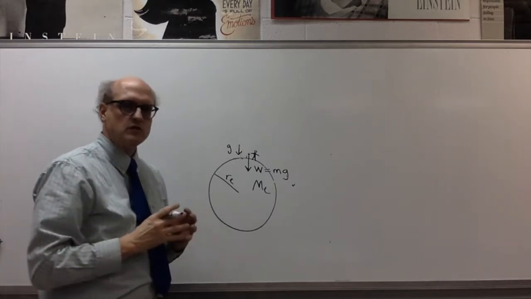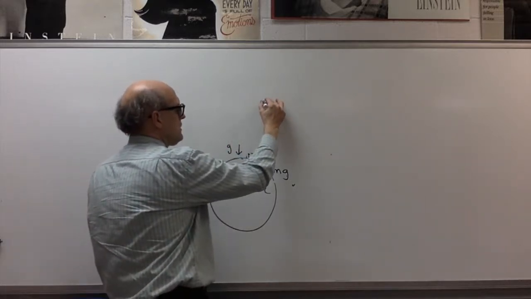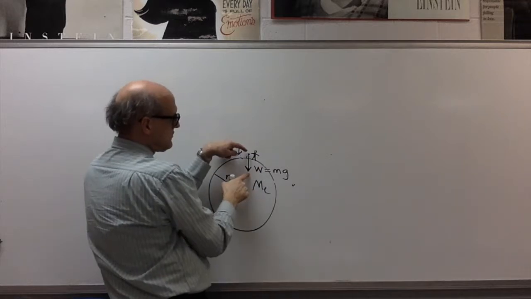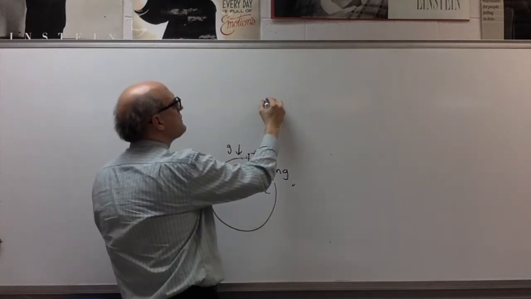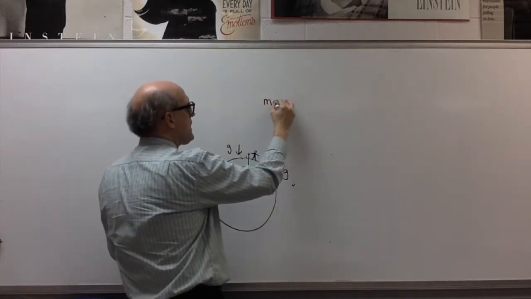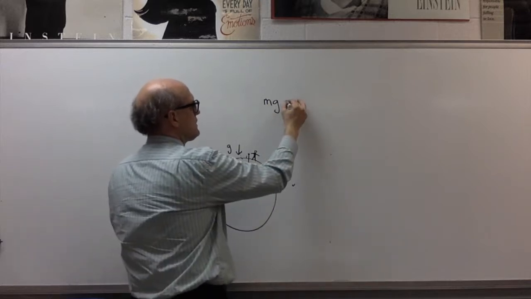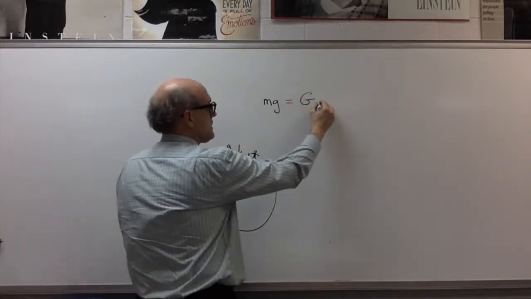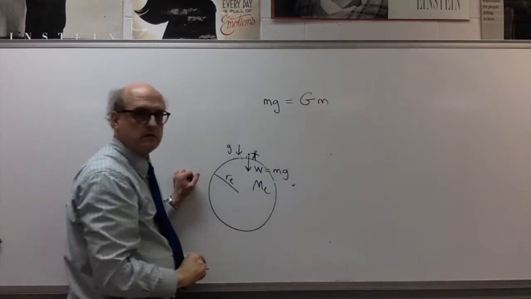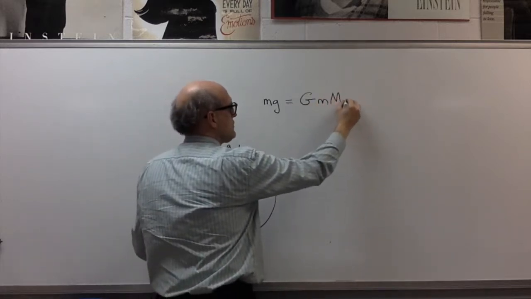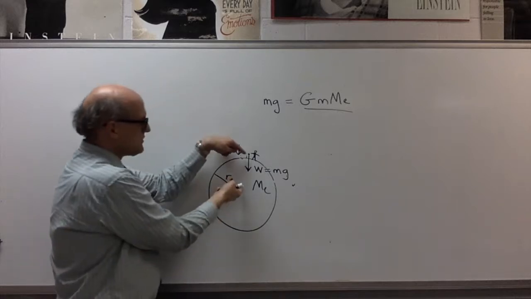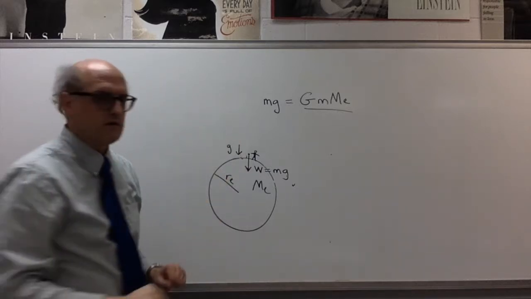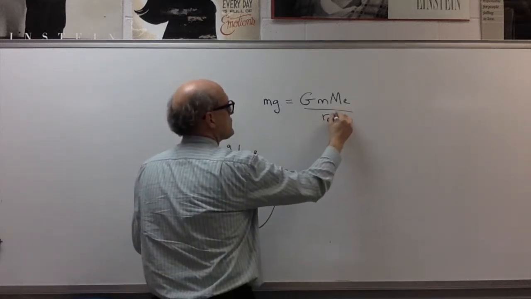Using Newton's universal law of gravitation, we can say that the gravitational force on the rock, which is the weight, or mg, is equal to the universal gravitation constant times the mass of the rock times the mass of the earth divided by the center-to-center distance, which is the radius of the earth, squared.